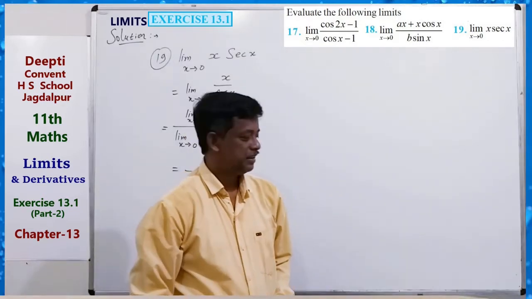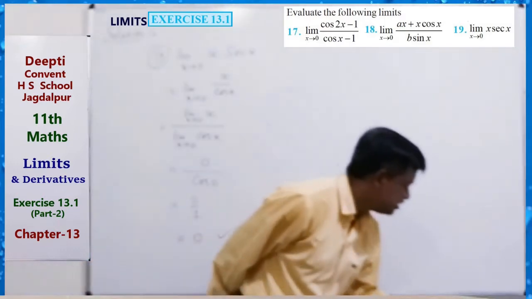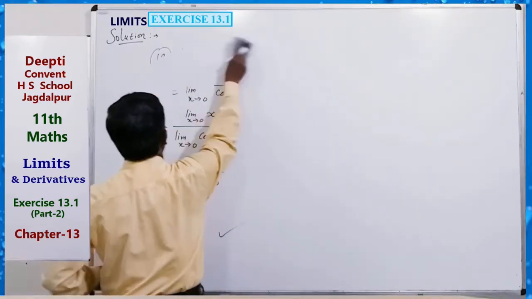Here sin ax plus bx, x tending to what? 0. Okay, question 20.